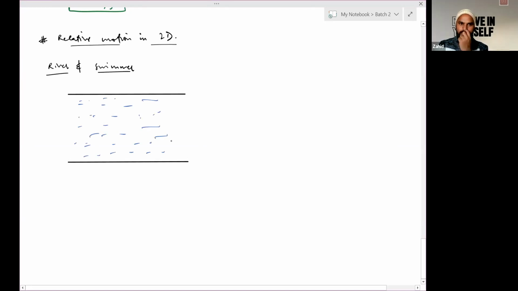Let's say along east with some velocity, let's say u. So velocity of river with respect to ground is plus u i cap.